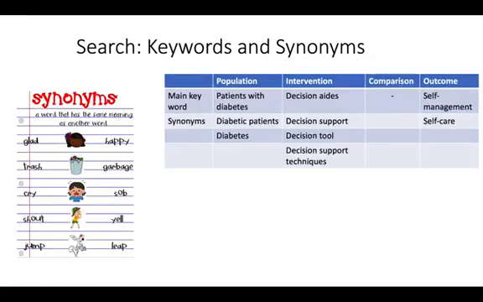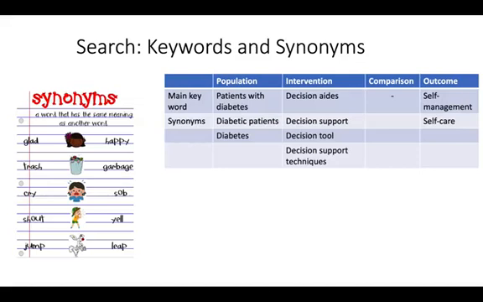So some synonyms for patients with diabetes: diabetic patients and just diabetes. And then for decision aids, some synonyms are decision support, decision tool, decision support techniques. And then for self-management, it's self-care.